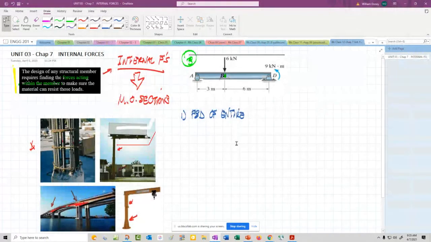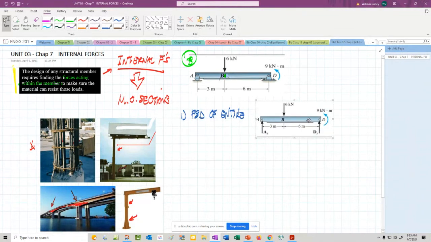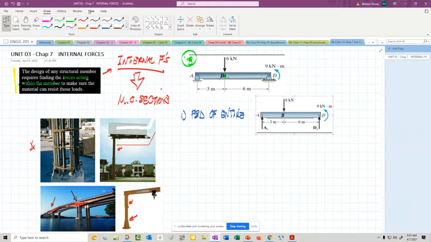And I'm just going to grab one of those from my notes so we don't have to suffer through me drawing that beam. And really all we did there is we added AX and DY.